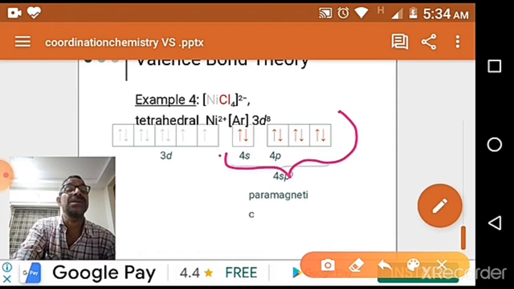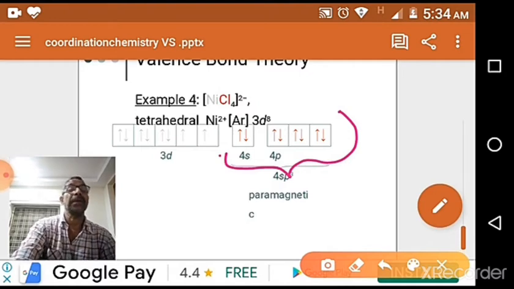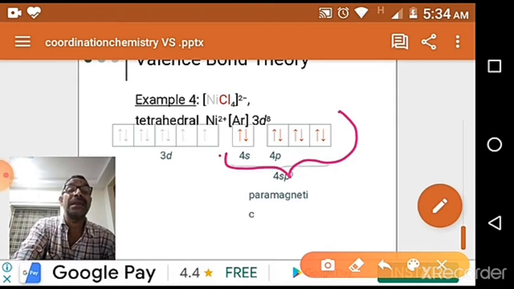Due to this, bond formation takes place. 4 bonds form between sp3 and p. So that's why the hybridization of nickel in this complex is sp3, and the geometry is tetrahedral.